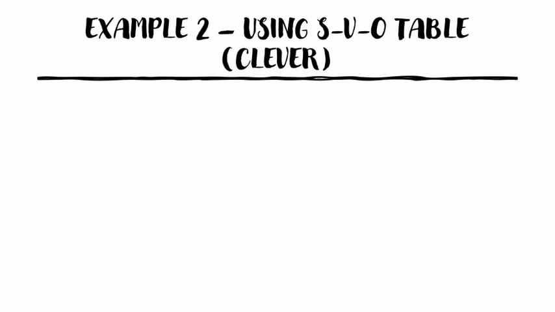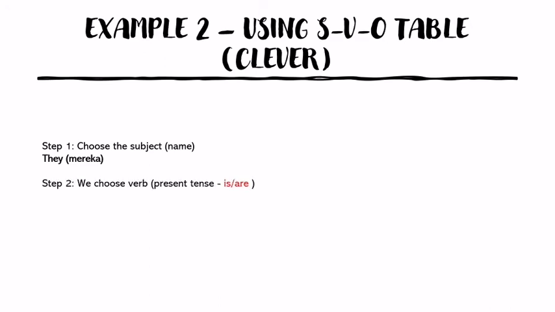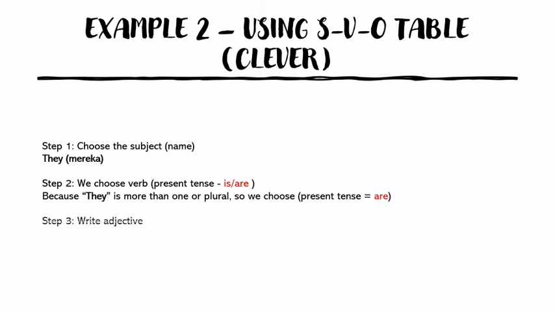Example 2. We use clever as the adjective. Okay, first step also the same. We have to choose the subject. So here we use they. Then we choose verb, whether present tense "is" or "are". Because there is more than one, or plural, so we choose present tense "are".